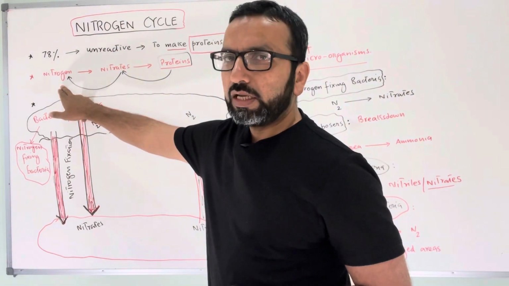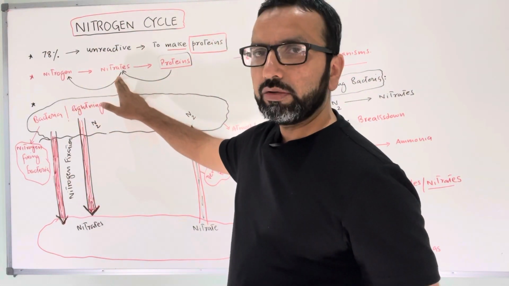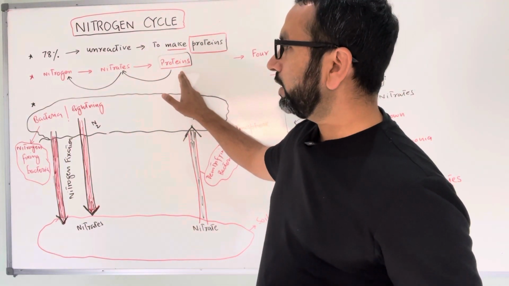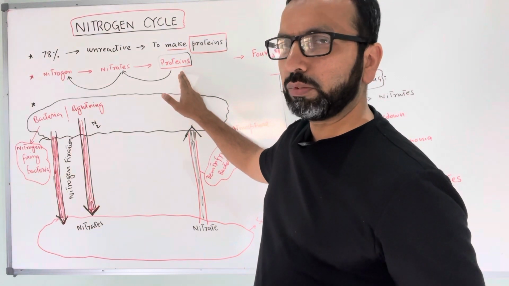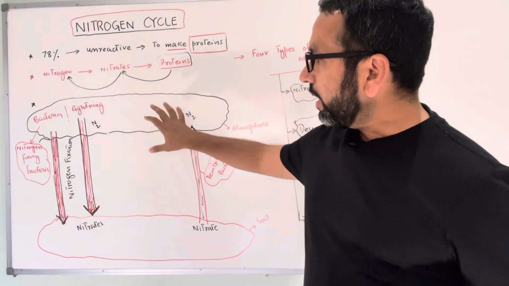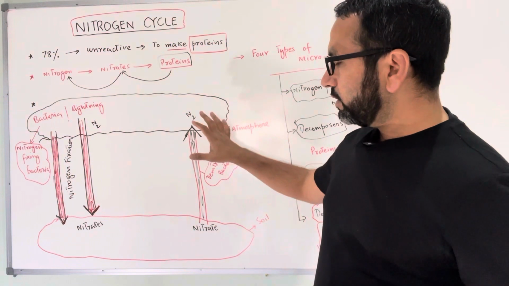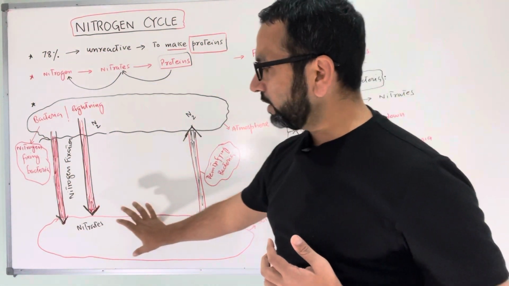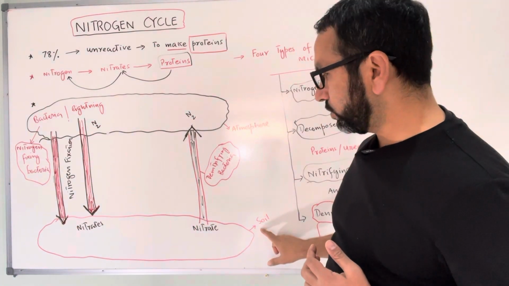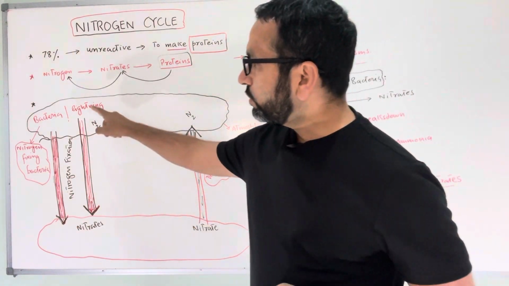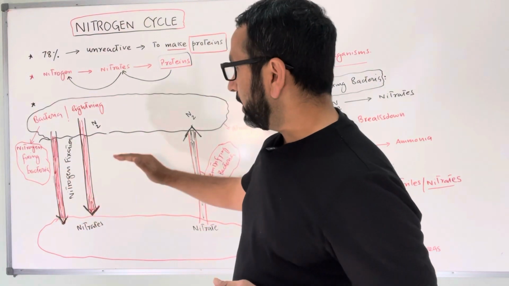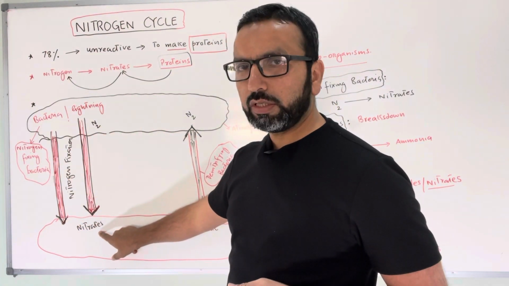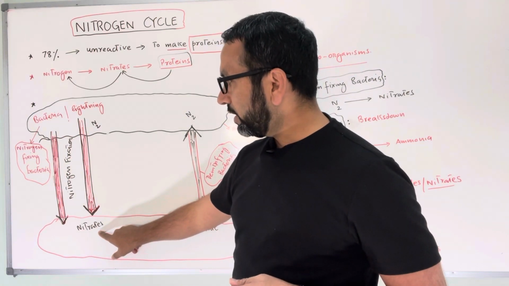First, the nitrogen gas is converted into nitrates, and then these nitrates are used for the making of proteins. If we briefly look over here, this area represents the atmosphere and this area represents the soil, and these two arrows indicate how the atmospheric nitrogen gas is being converted into nitrates.